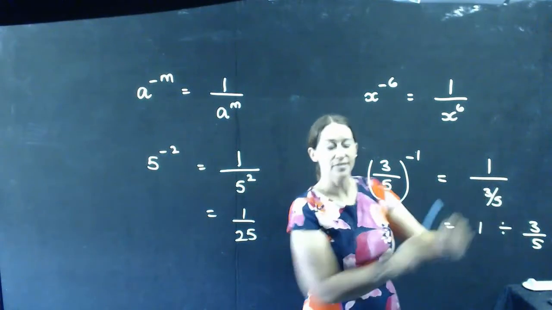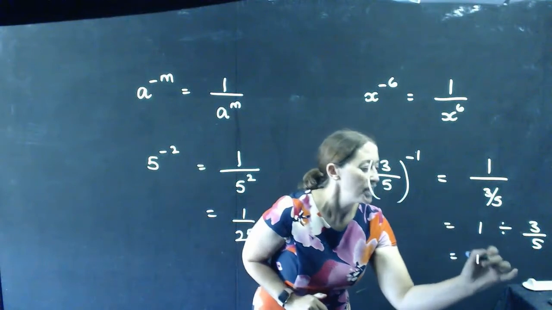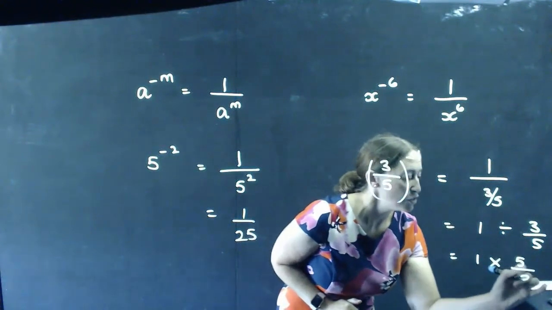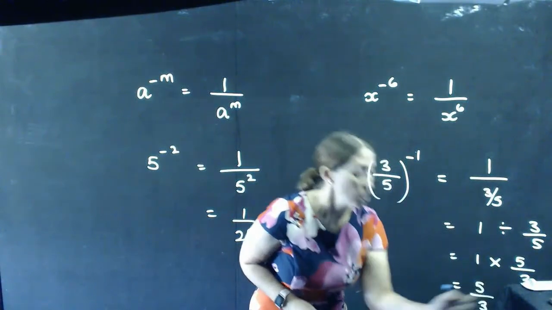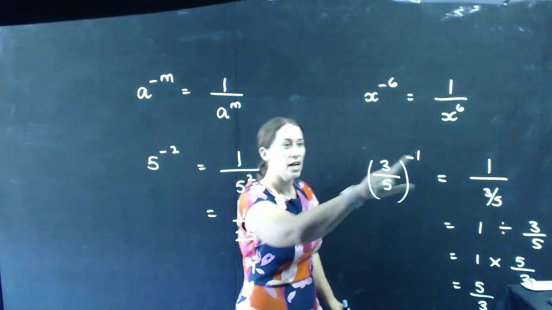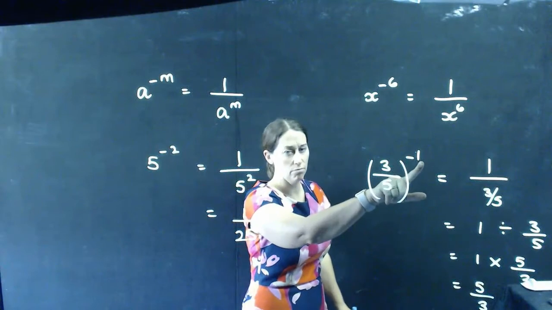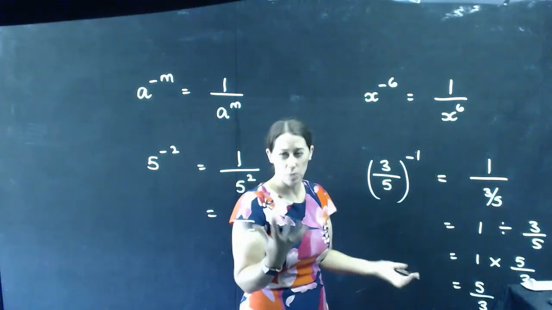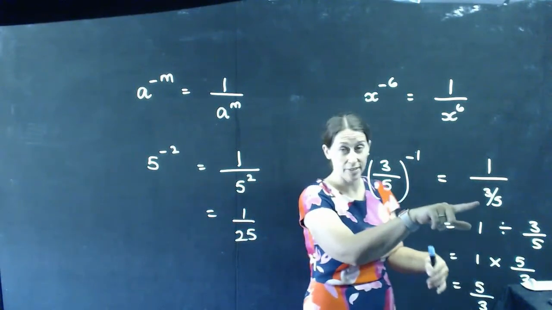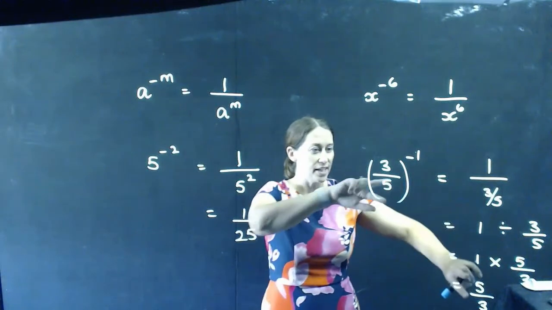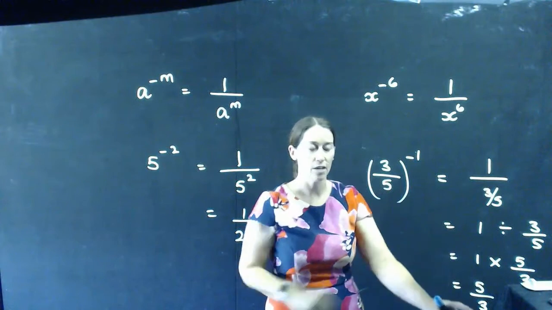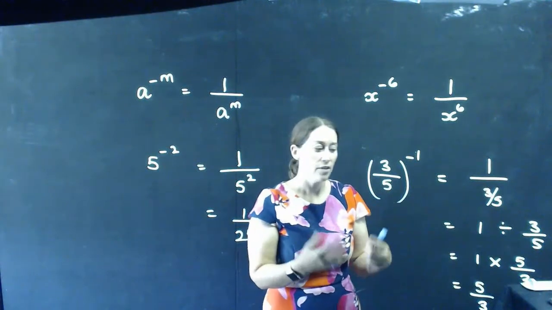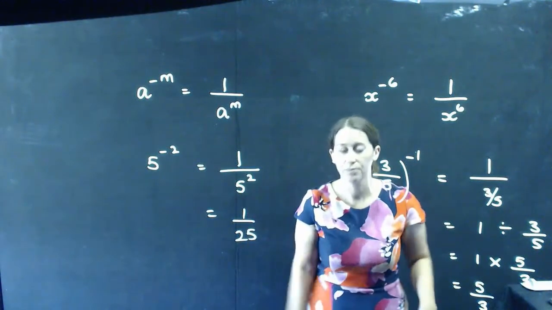We flip that second fraction and we get 1 multiplied by 5 over 3, which is just 5 over 3. Now let's have a look at what we've got here. It was only to the negative 1, so 1 is the positive power, which was on the denominator. And what you can see is the fraction has pretty much just flipped to give us our result. We call this the reciprocal.